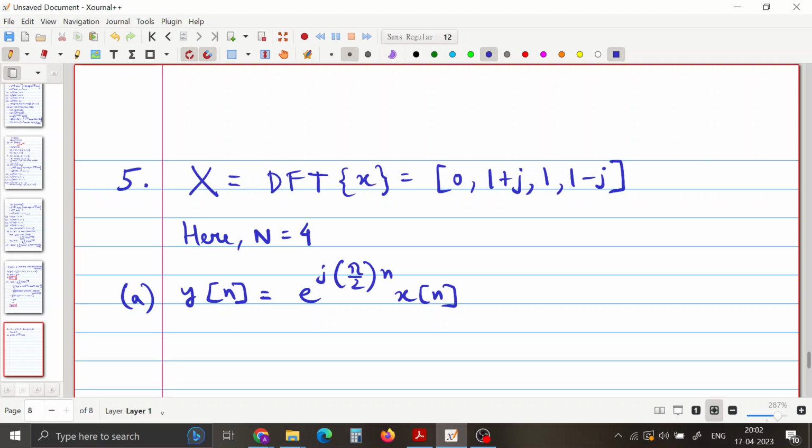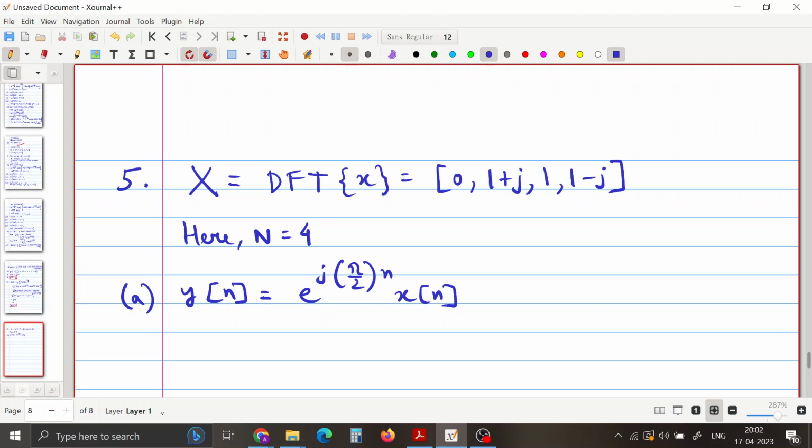So now all we need to do is further slightly modify this form. So it's e power j pi by 2 n, the multiplicative factor. We need to express it in the form of e power j 2 pi k n by cap N, that form.